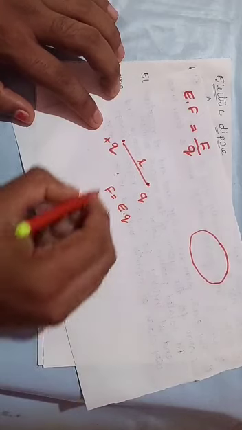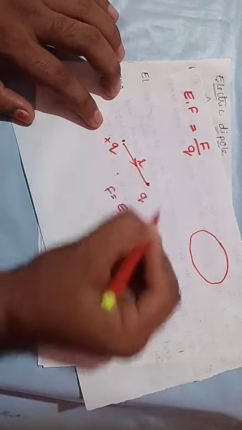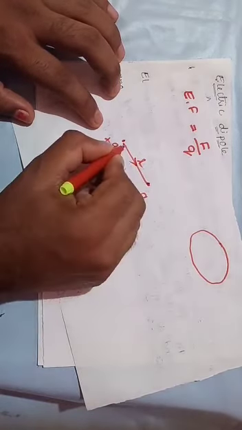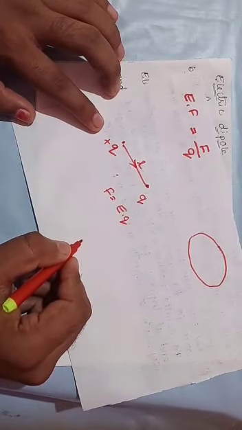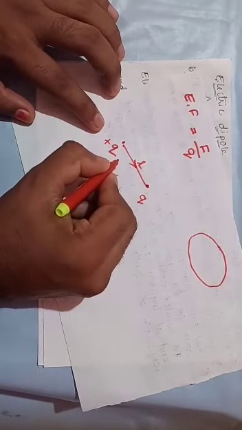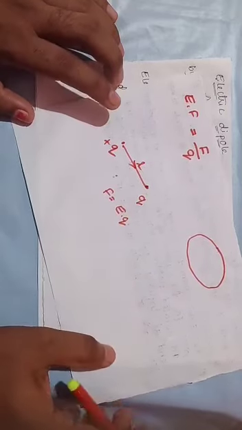Now we say that the electric field due to this plus Q charge is directed in this direction. This representation is called electric field lines, in which a unit positive charge moves or tends to move.